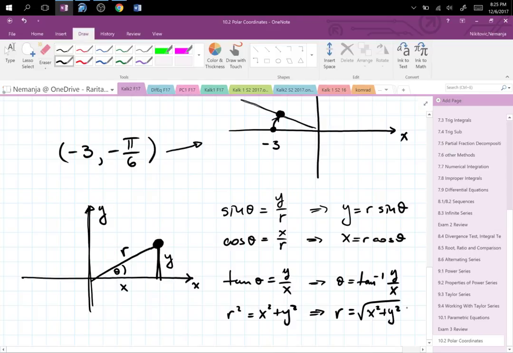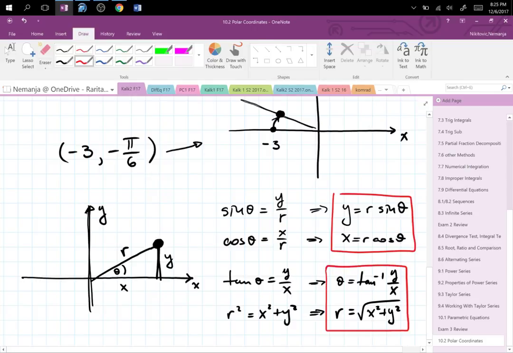Now, if you carefully observe these formulas, if I group the sine and cosine together and the tangent and Pythagorean theorem together, I got my conversions. Now, which one is going from polar to Cartesian and which one goes from Cartesian to polar? Well, a little bit of common sense helps there.